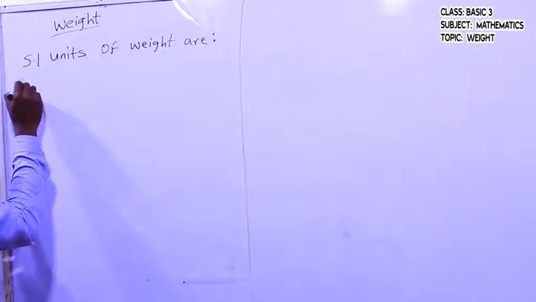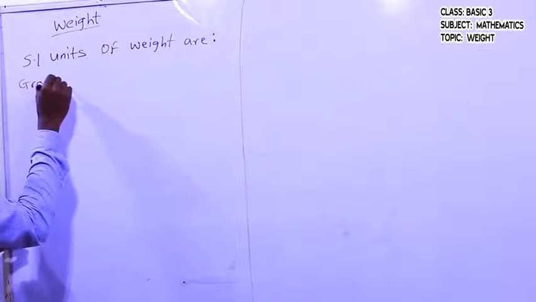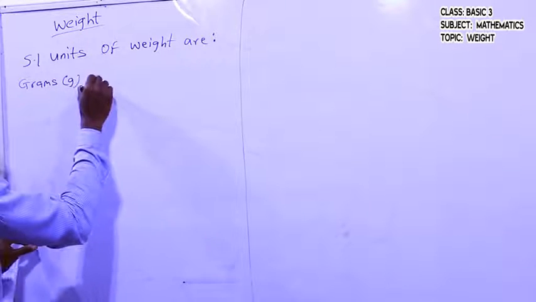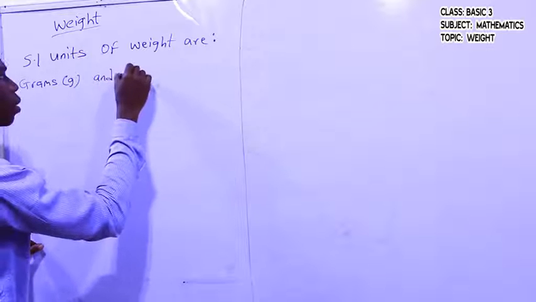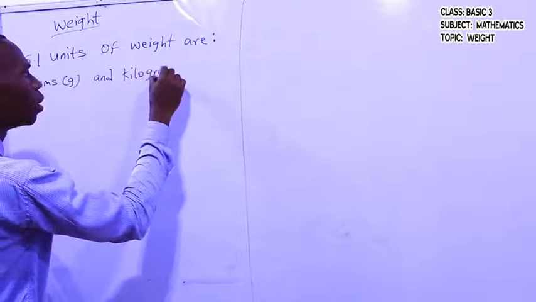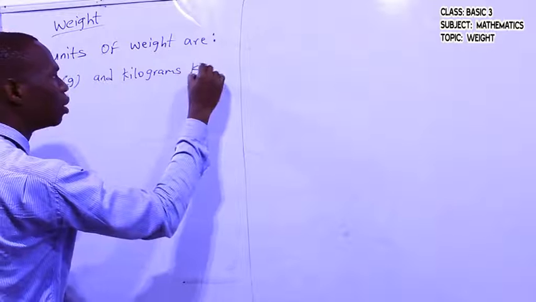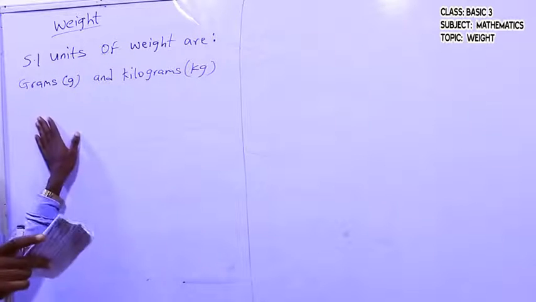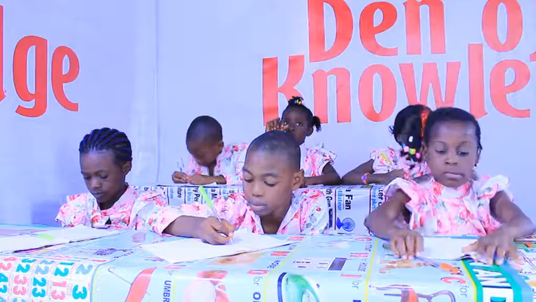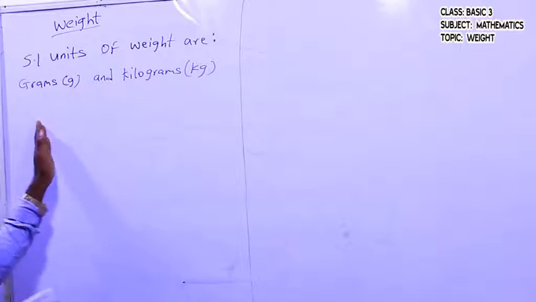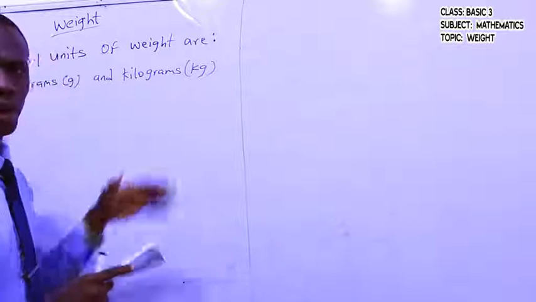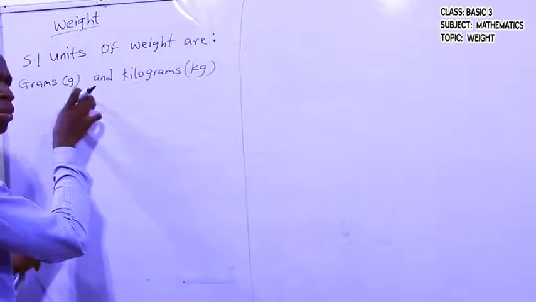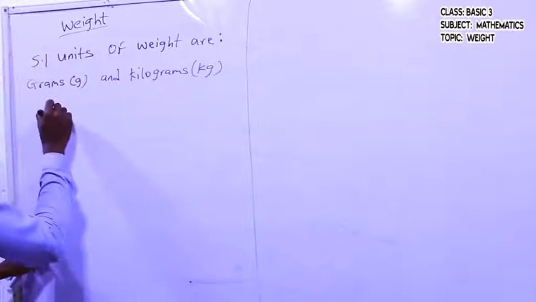We have grams, known as g, and kilograms, known as kg. Grams and kilograms, that is the standard units for measuring weight. Now, what was the relationship between grams and kilograms?